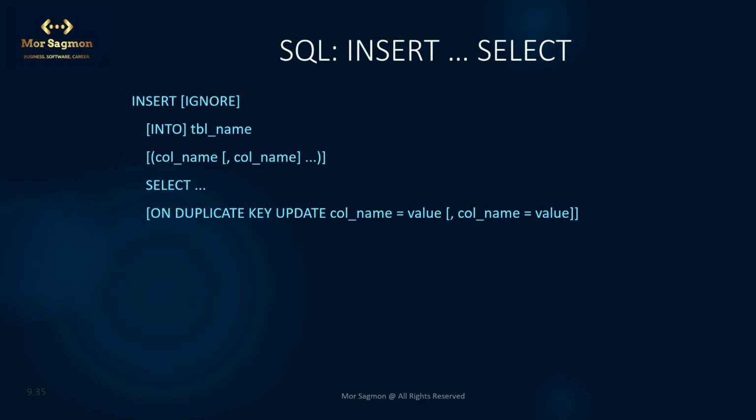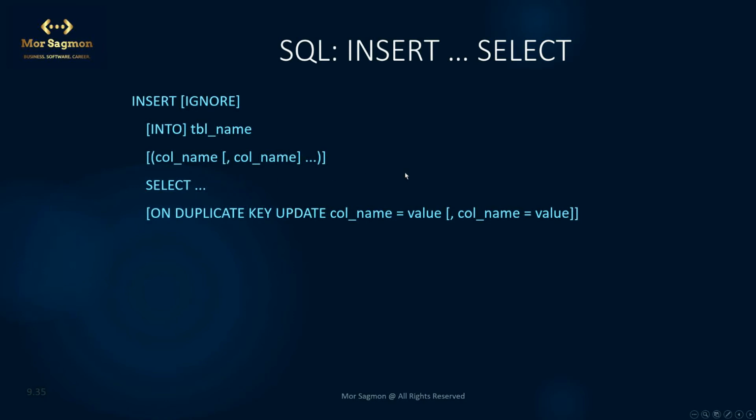So, as you can see in the syntax here, we start exactly the same: insert, ignore or not ignore, into table, the list of columns to which we are to enter the values. And now, instead of values, we start a select statement. And that select statement will generate a result set.